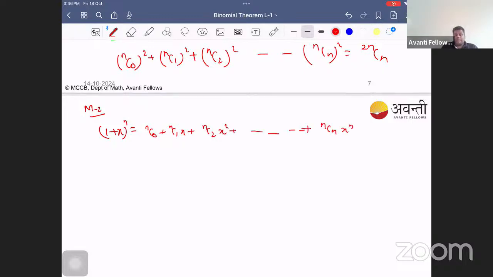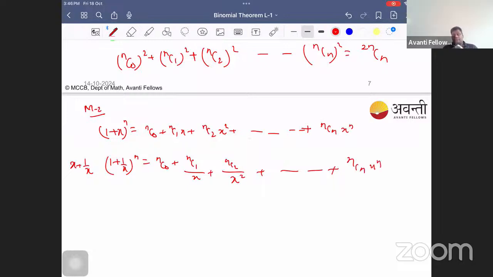Am I correct? Now replace x by 1 by x. So (1 plus 1 by x) raised to the power n is what? nC0 plus nC1 upon x plus nC2 upon x square and so on, nCn upon x to the power n. Got it?